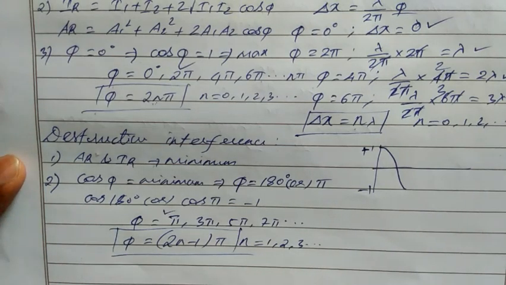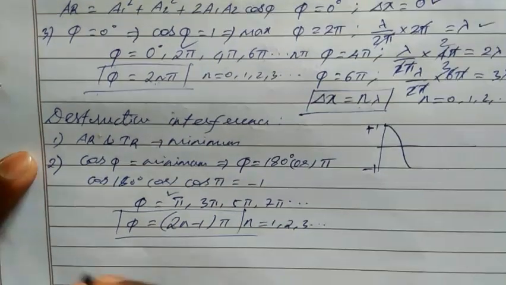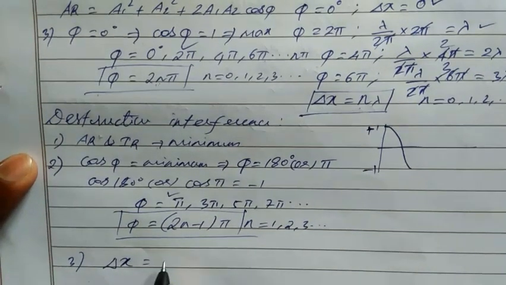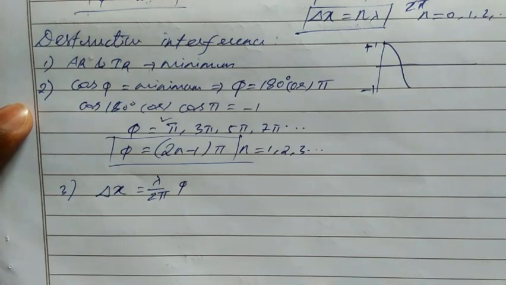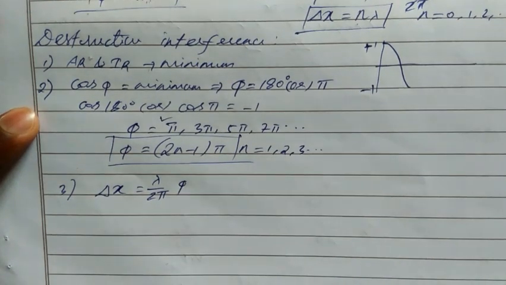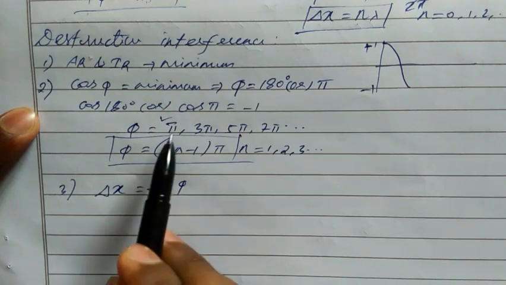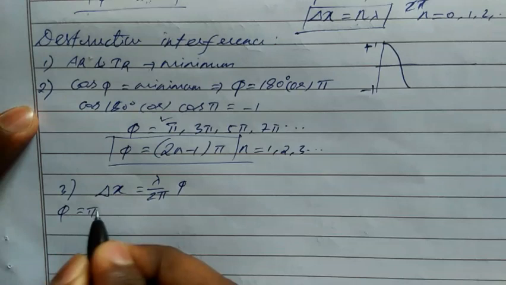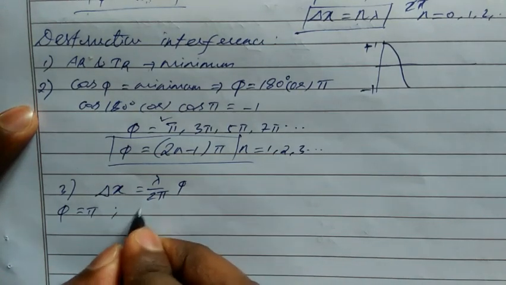Then what is path difference? We can write path difference del x equal to lambda by 2 pi into phi. Okay, so substitute a value here. If phi equal to pi, then what's the value of del x?